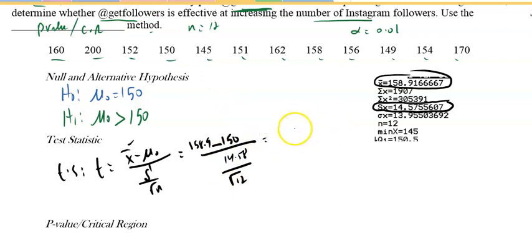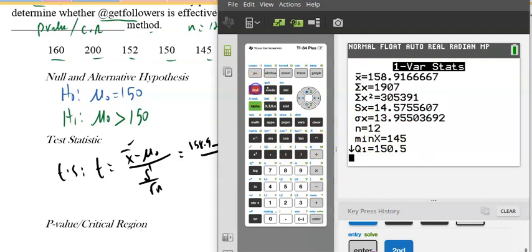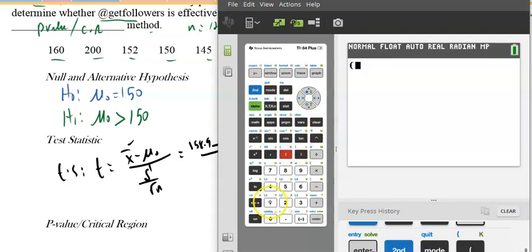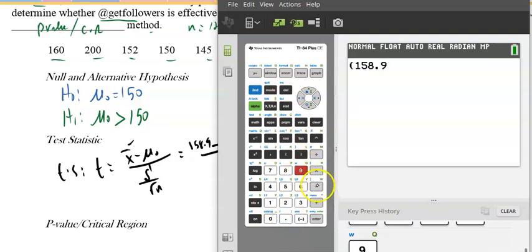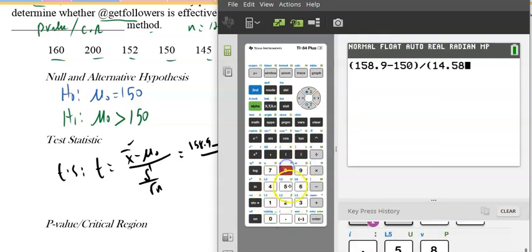So I throw this in my calculator, and what do I get? Parentheses, 158.9 minus 150, divided by, I'm sorry, not the square root, I rushed. What was it? The standard deviation, 14.58, divided by the square root of n.